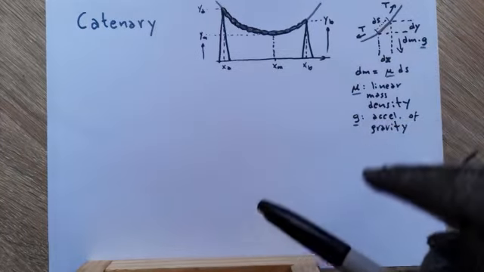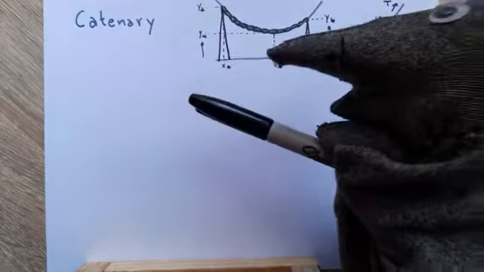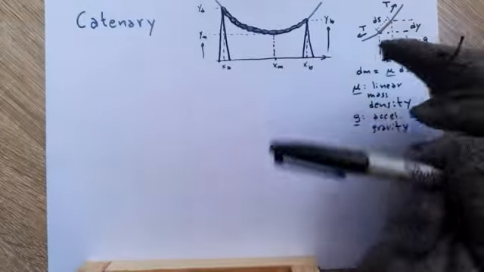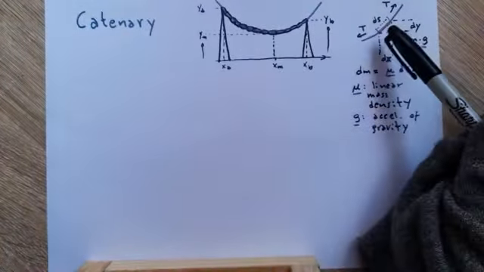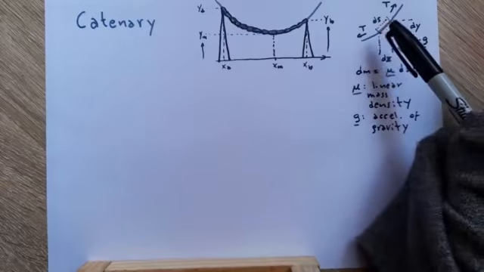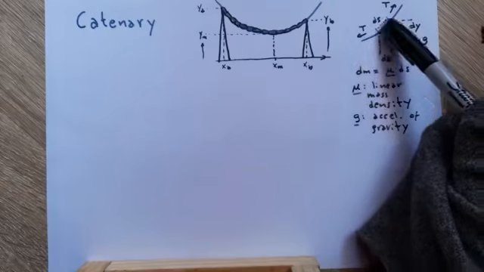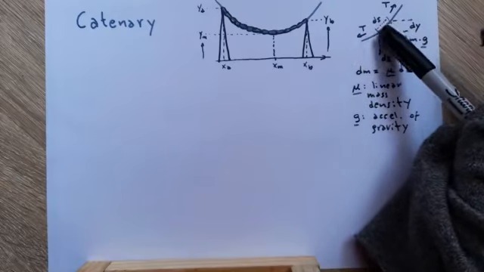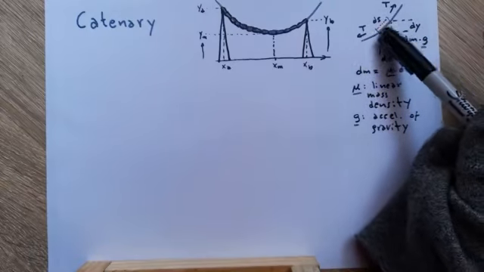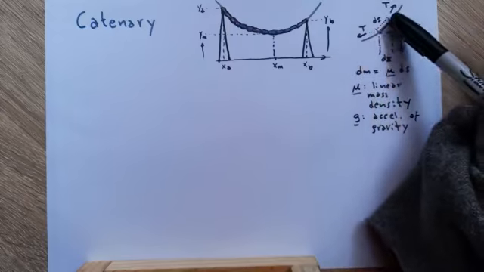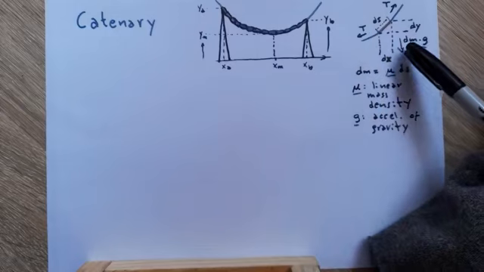So then we will use some coordinates, x and y. Here we have an element of this ideal chain, an infinitesimal element of length ds under the action of the tension and its weight.